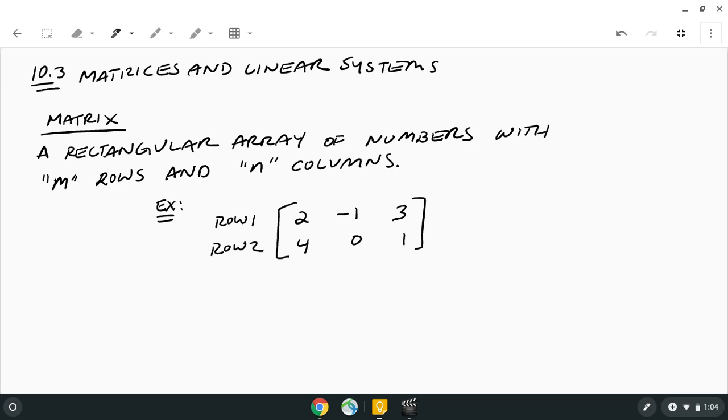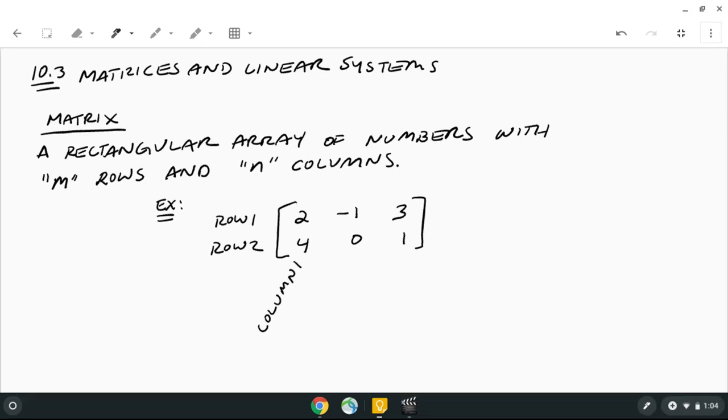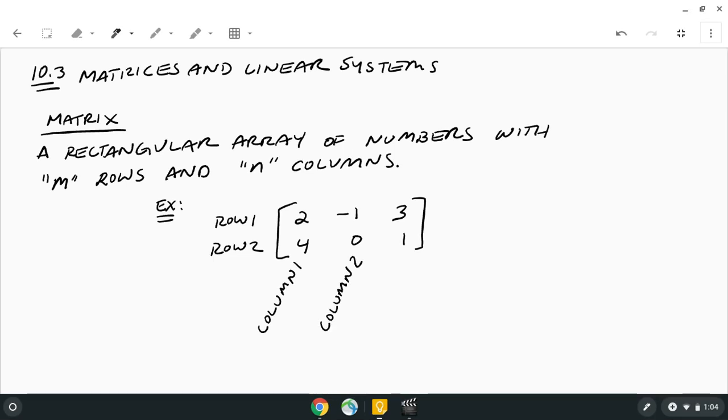Okay, and 2, 4, looking at it vertically, represents column 1. 0, -1 represents column 2. And this 1, 3 over here is column 3. Okay, so we see here that this matrix is made up of 2 rows and 3 columns.